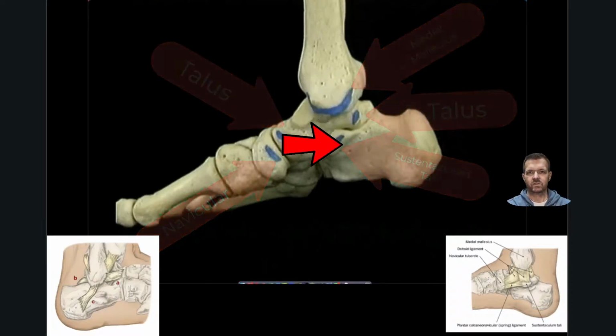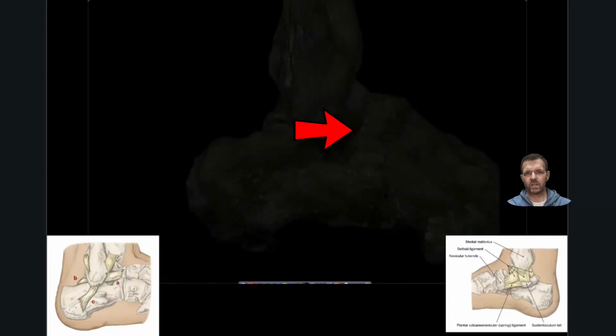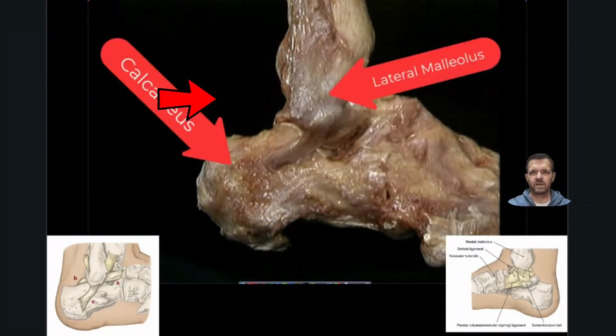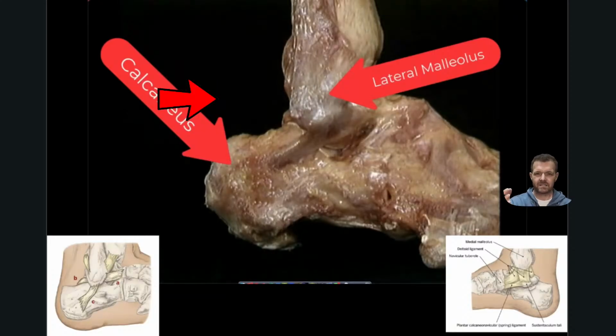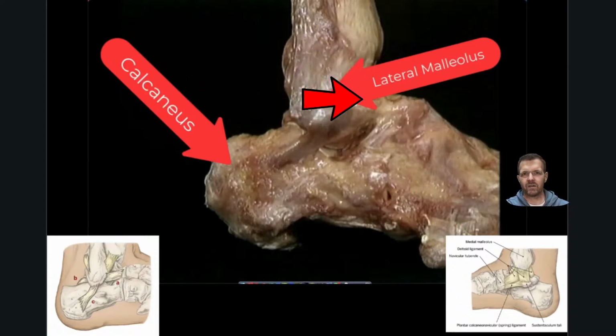Okay, so that's all the bony landmarks to check out for. But you can see from the images before, let me just pause that, that it's really difficult to distinguish between them all because they all kind of merge in together. Now here's your lateral malleolus. So we've gone back to the outside. Your ATFL will run off that way towards the talus, and then we've got this ligament here. Can you see that there?